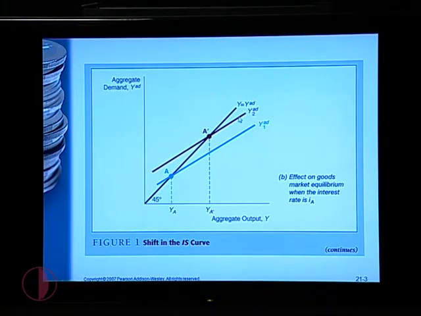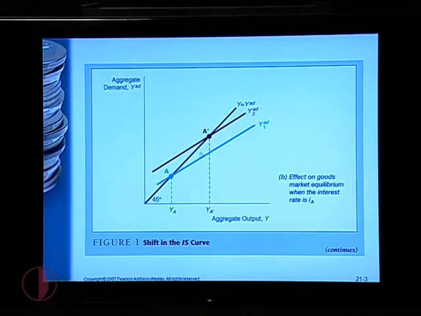Consider our 45-degree line, and this is our initial function at YA. This shows the effect on goods market equilibrium when the interest rate is I1.